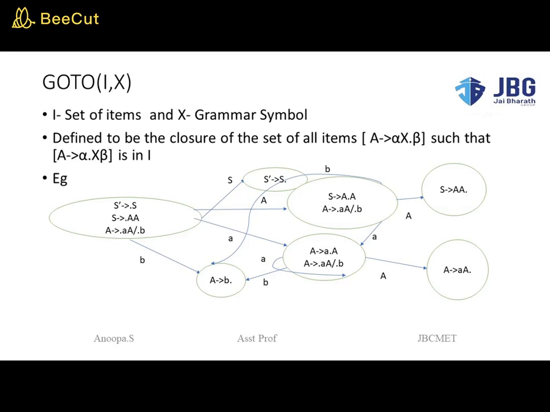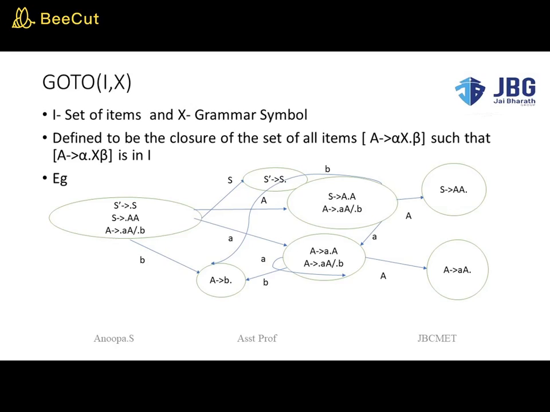Now we will do the same operation for the third production. When we move the dot operator one to the right, we will get A giving a.A, and A giving... how did we get this second production? Because after the dot operator we have a capital A, so we should include that production also in that closure.